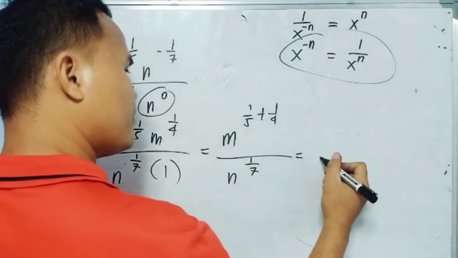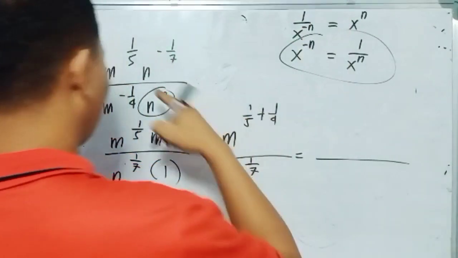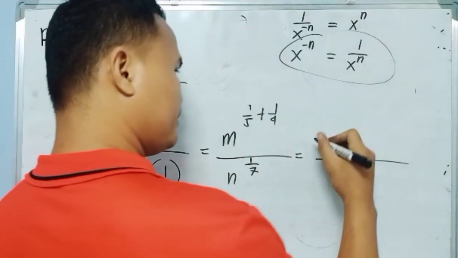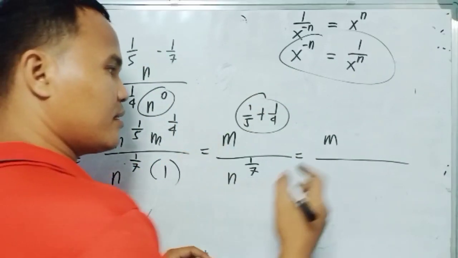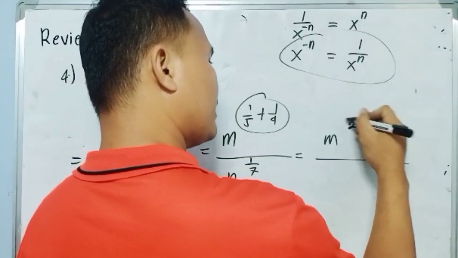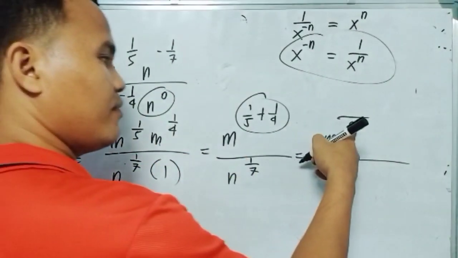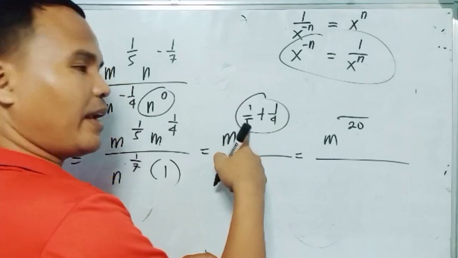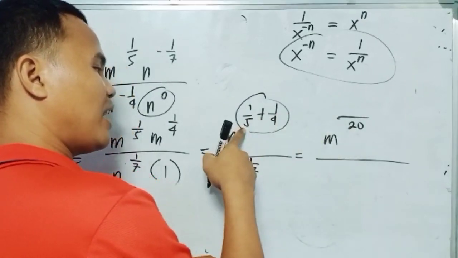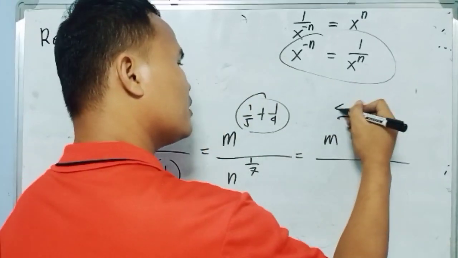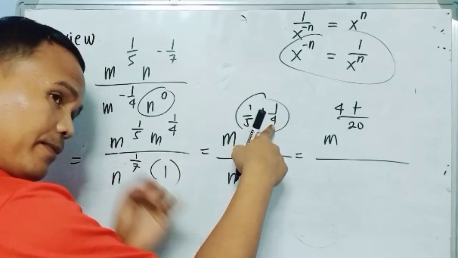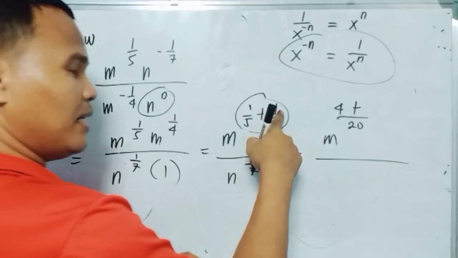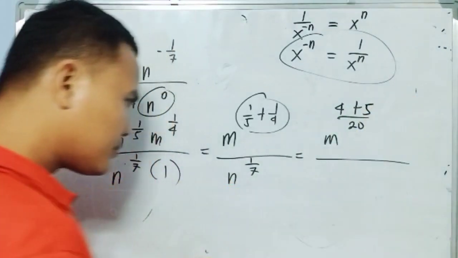Okay? Same idea with the previous problem. Adding two fractions. So get the LCD. So I guess 20 is our LCD. So divide 20 by each denominator here. Here, 20 divided by 5, it's 4 times 1, 4. Copy plus sign. 20 divided by 4, it's 5 times 1, 5.